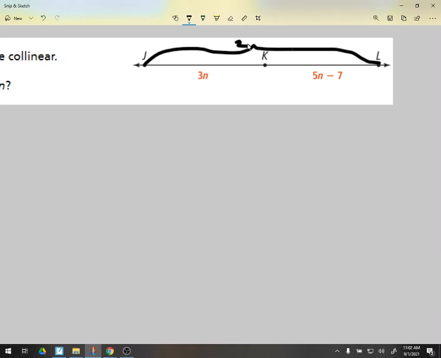I only know the whole distance. But hey, I know JK and I know KL. So if I use writing like they were writing, I know JK plus KL is equal to 25.